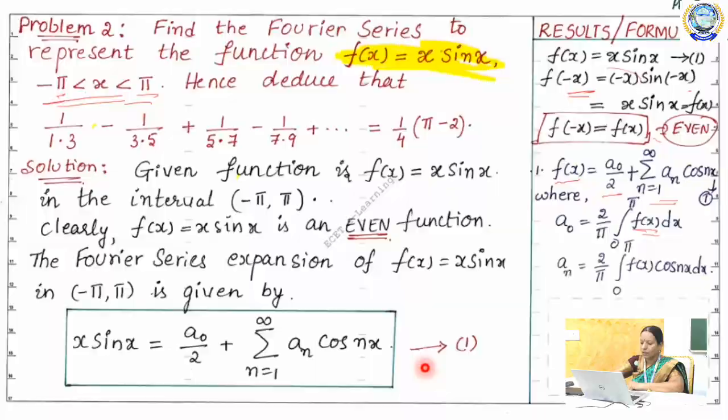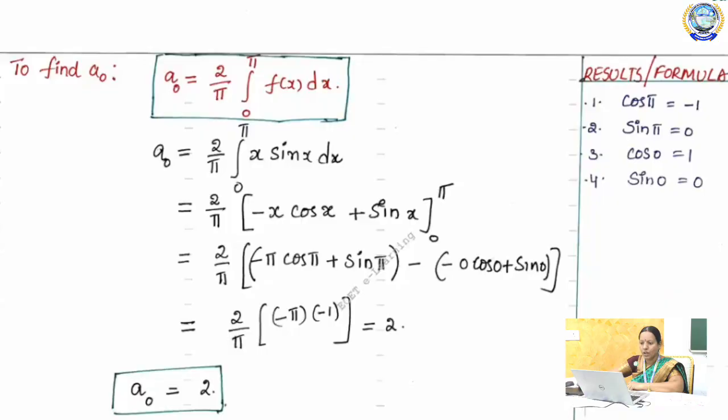Okay, now we will calculate the a naught value and a n value. Let us see the formula for a naught. What is your a naught? A naught equals 2 by pi integral 0 to pi f of x dx. Okay, now substitute x sin x in place of f of x. We are taking integration by parts.